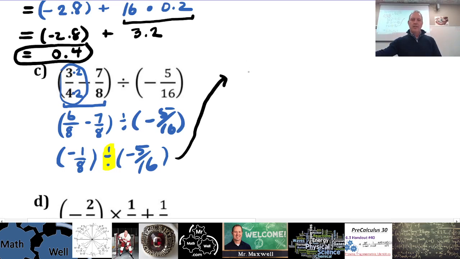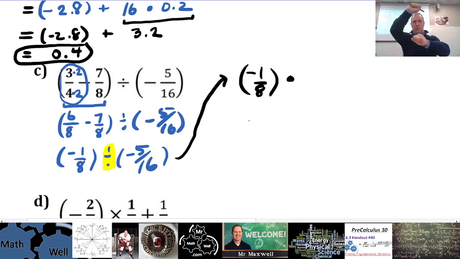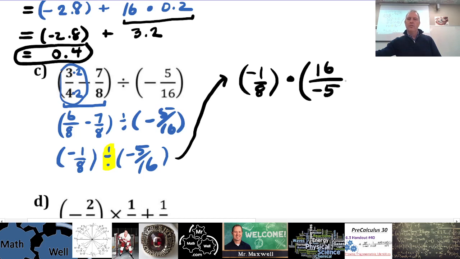Okay, so I've got negative 1 over 8. You guys think I'm crazy. Times. I'm going to go times now. And what does flip mean again? How do I flip the second one? I flip the second one, and flip means you take the reciprocal, is the fancy word for it. Now the negative can go anywhere. I'll keep it with the number it was on, just so I don't confuse anybody.